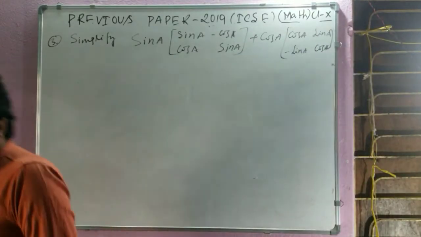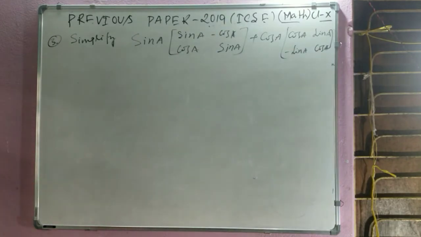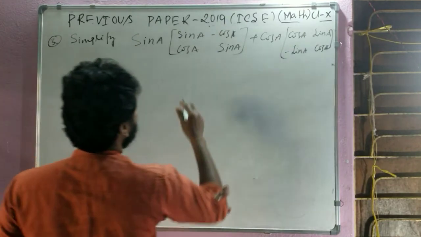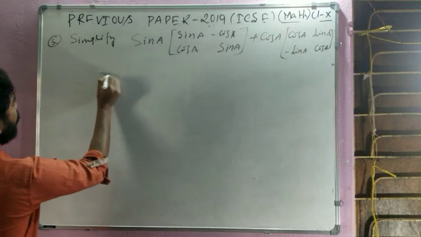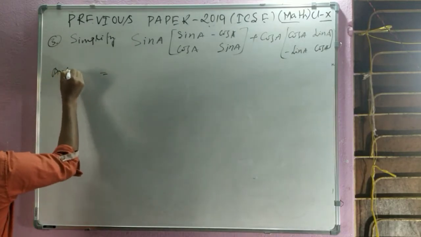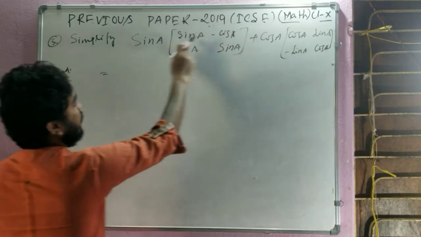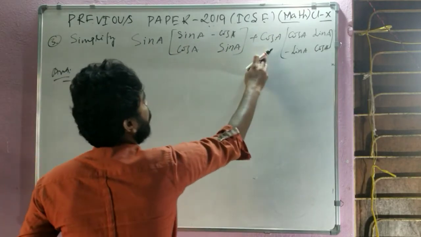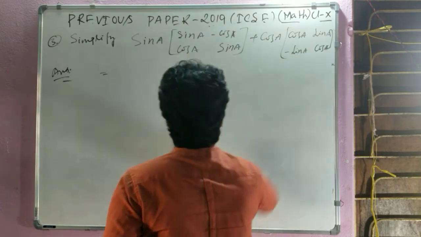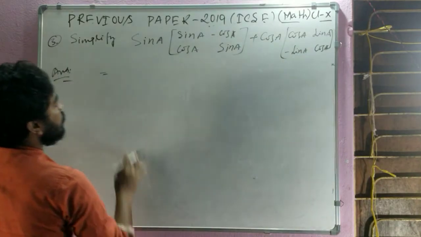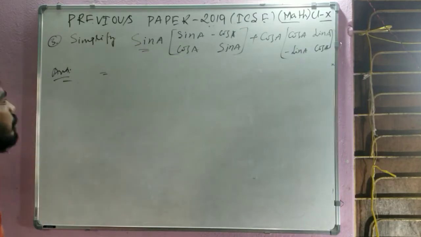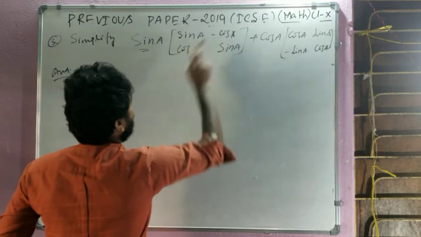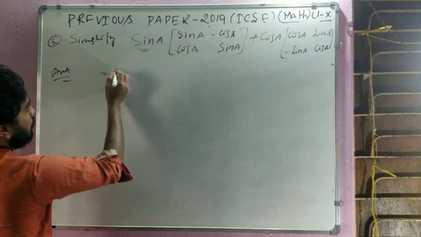Next question from a combination of trigonometry and matrix. So the solution is sin A minus cos A, sin A cos A, sin A minus sin A cos A. We know that any scalar multiplies every matrix element.